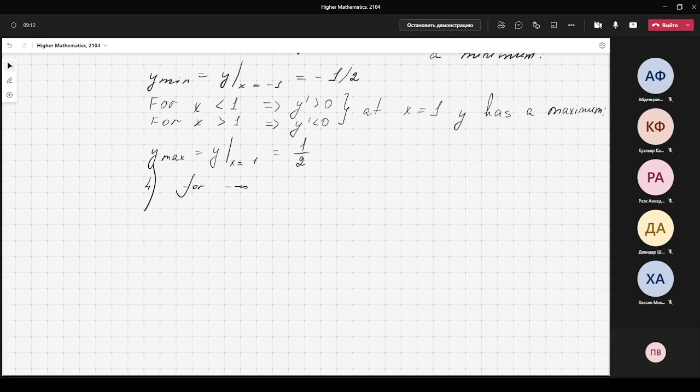For x from minus infinity to minus 1, we have y prime less than 0. The function decreases. For x from minus 1 to 1, y prime is greater than 0. Our function increases.